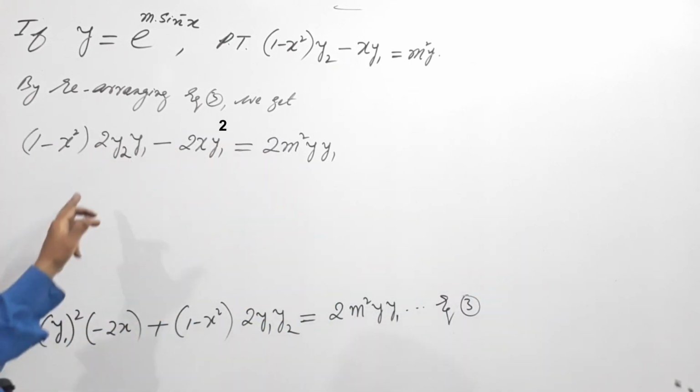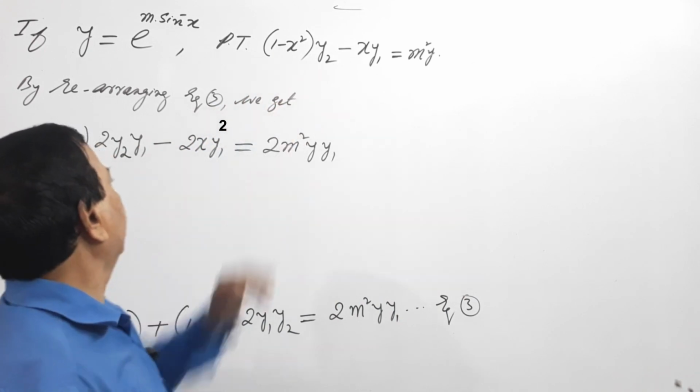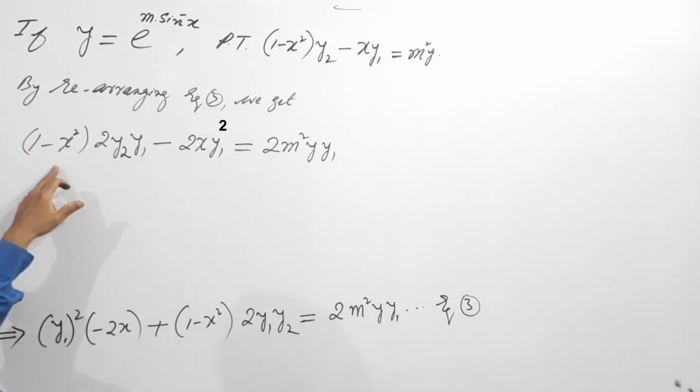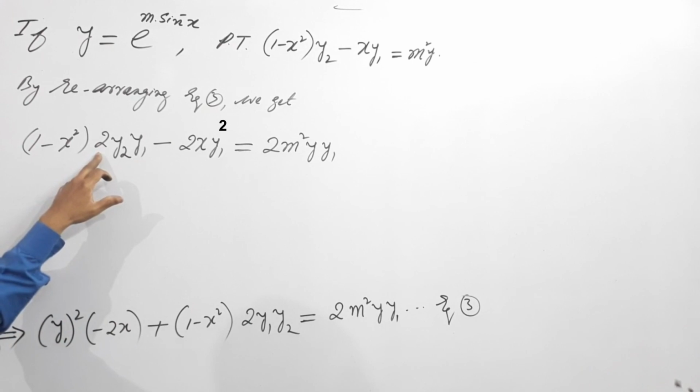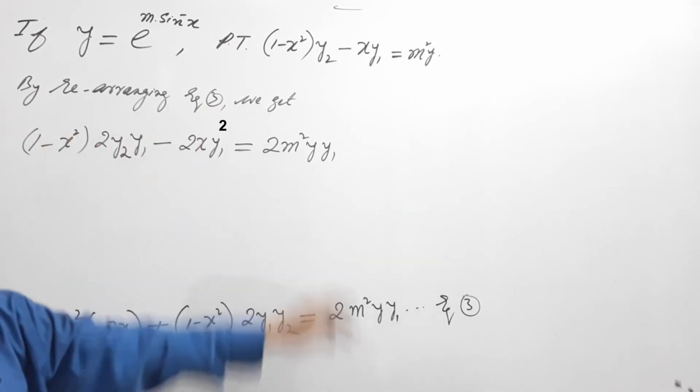What do you want? He wants 1 minus x square into y2. So 1 minus x square is there, but we have y1 and 2 there. So what I will do is divide throughout by 2y1.